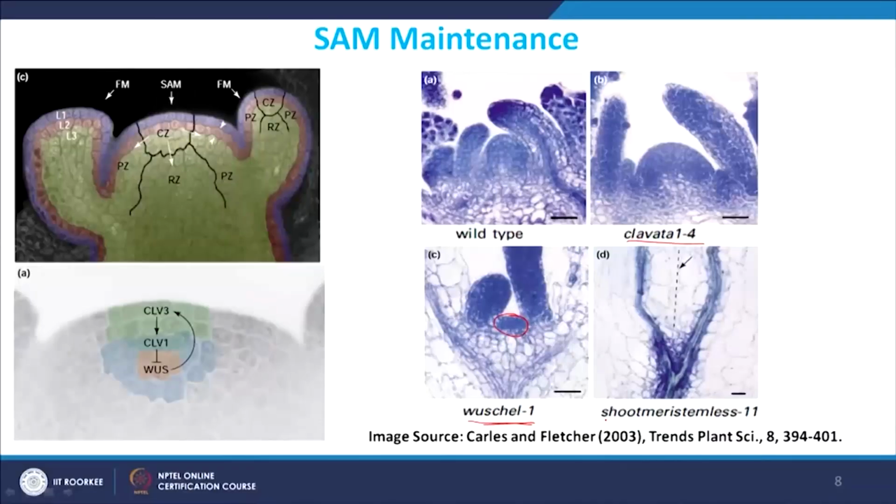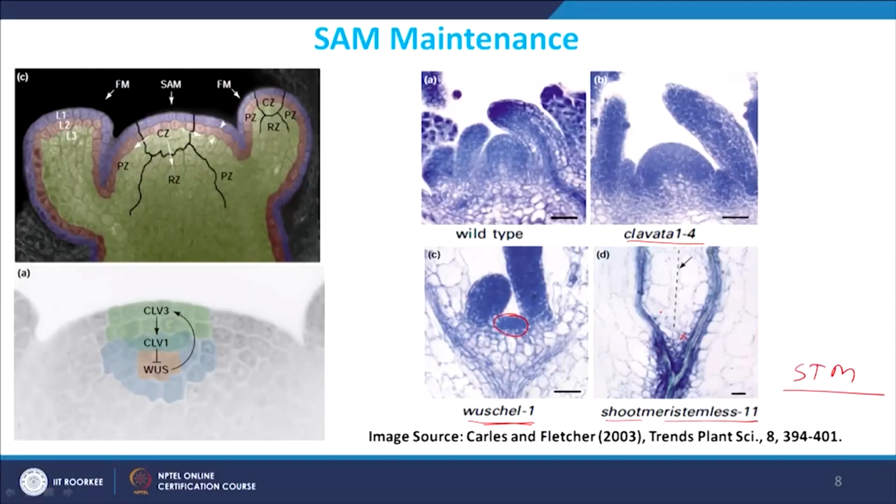But if you look at this mutant, the SHOOT MERISTEMLESS, STM, mutant, here you do not see any meristem. This suggests that STM is working at a very early stage to even initiate the shoot apical meristem specific program. If you do not have STM, the meristems are not getting formed. But these genes work at a slightly later stage and are more important for maintaining the meristem.